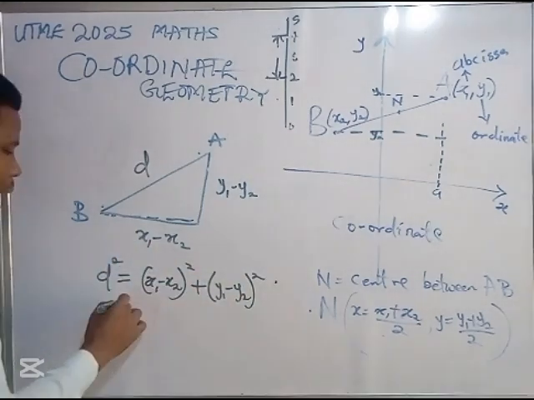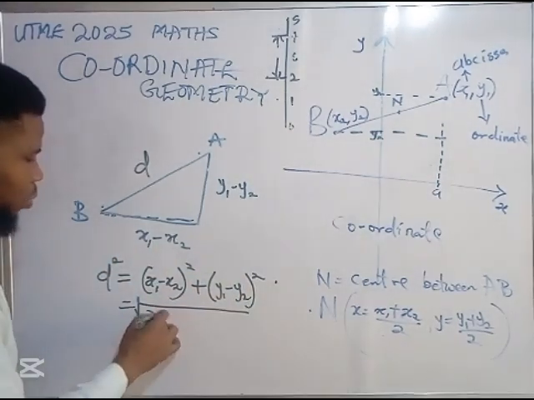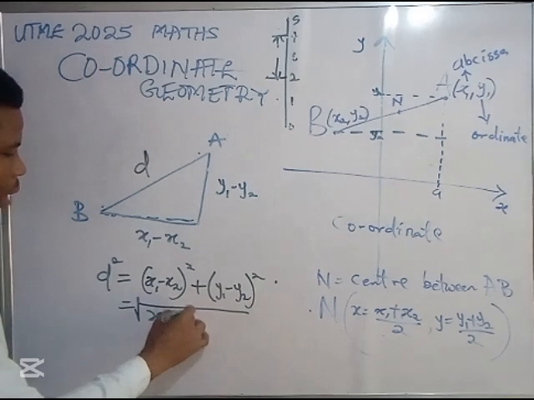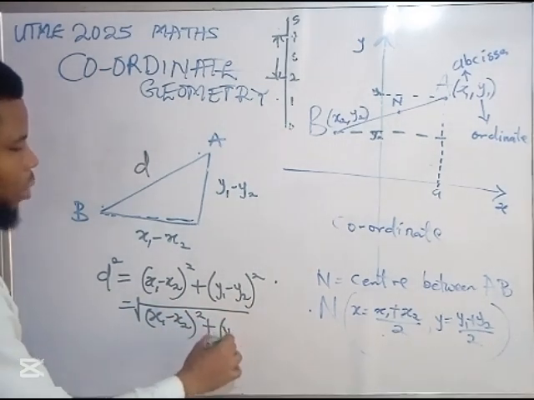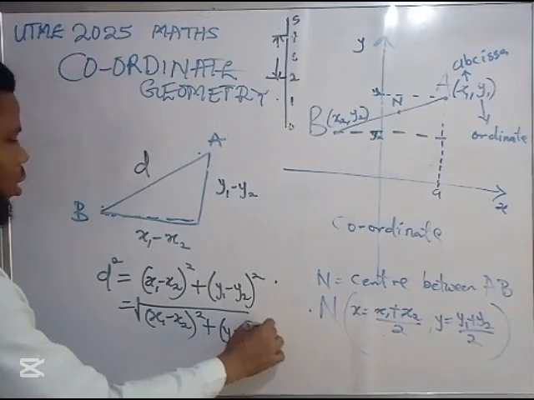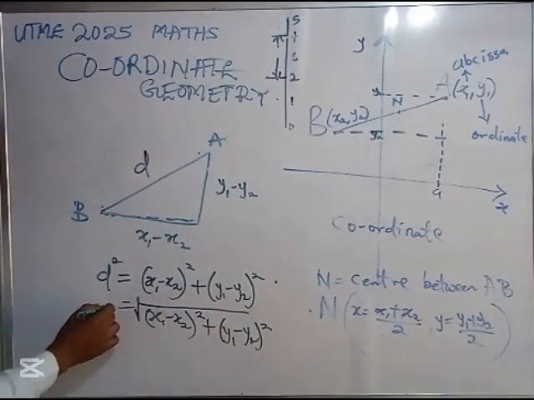When you now square root both sides, what will you have? That's the square root of x1 minus x2 squared plus y1 minus y2 squared. Now you can see the square root there when you remove the square.